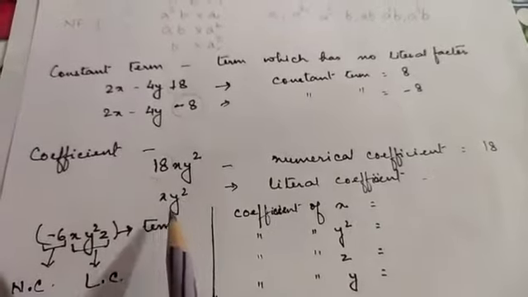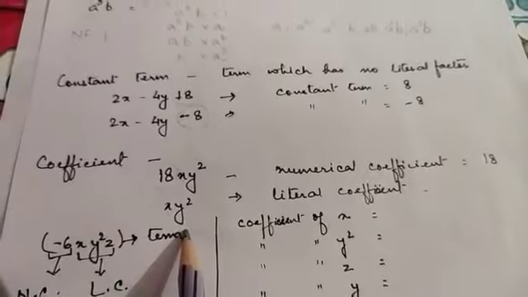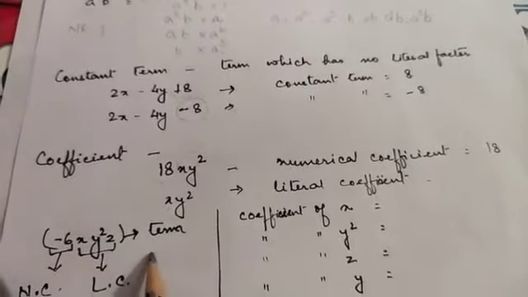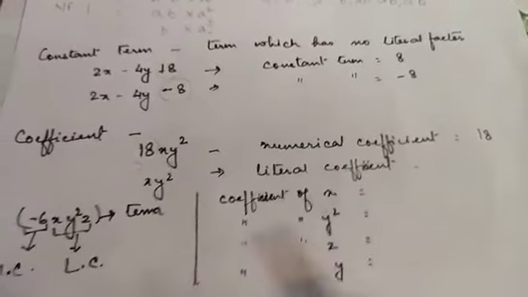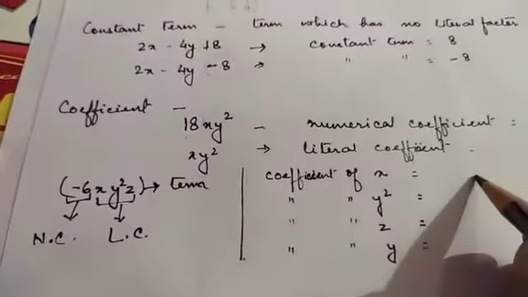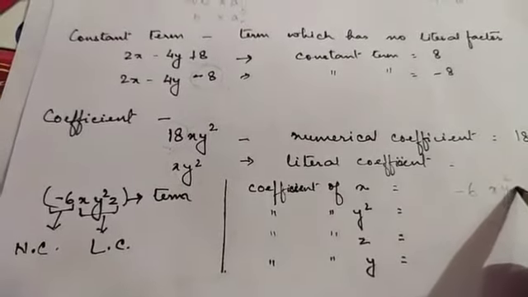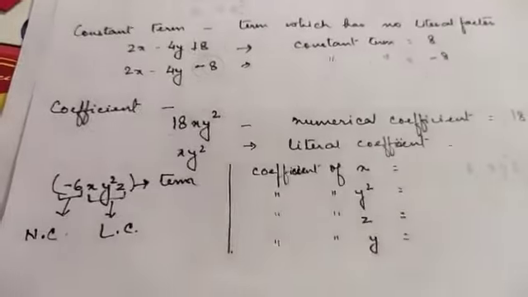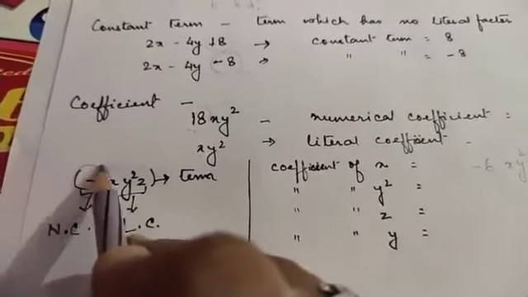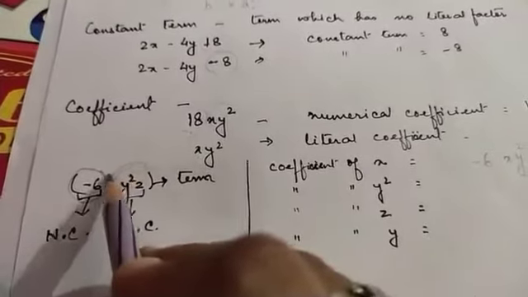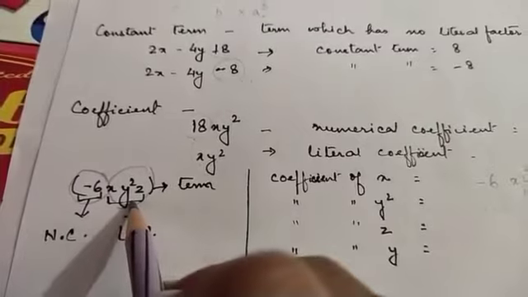Now when we write the coefficient of the product of all the remaining factors, how do we write? We take this example. We have taken minus 6x y square z, right? Here the numerical coefficient is minus 6 and the literal coefficient is x y square z.